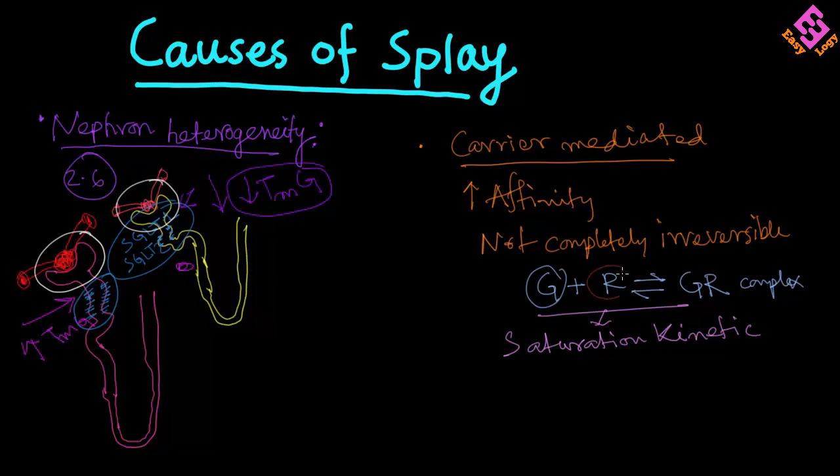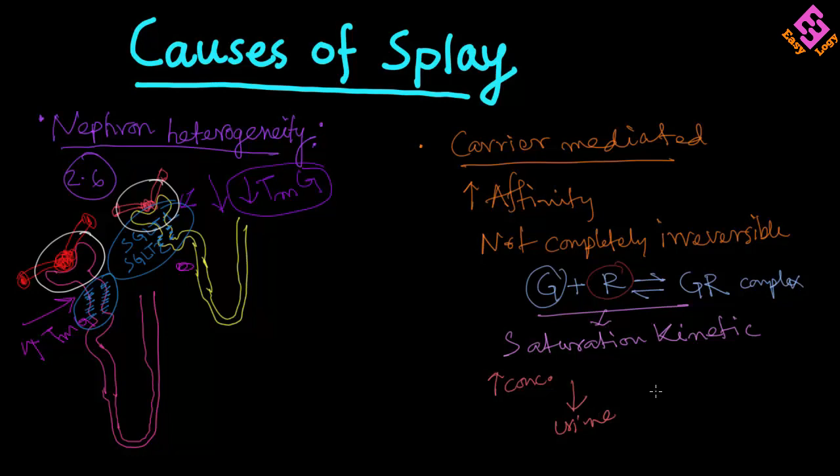We can say that all the receptor carrier proteins are not active at a time. Slightly more concentration of glucose must remain in the tubular fluid to saturate the transport system. So some glucose will appear in urine before the saturation.